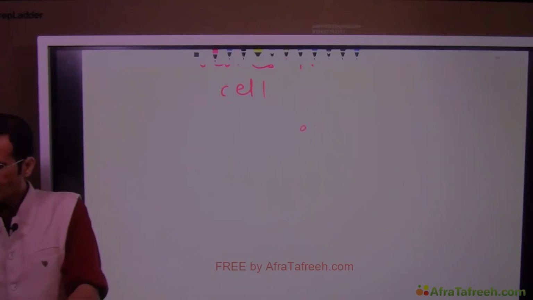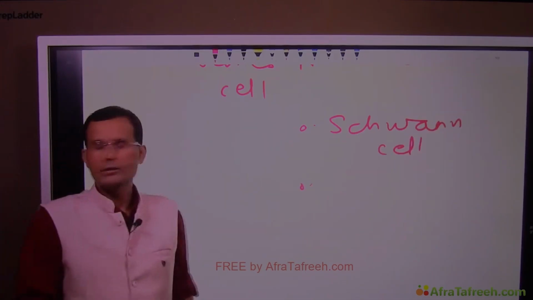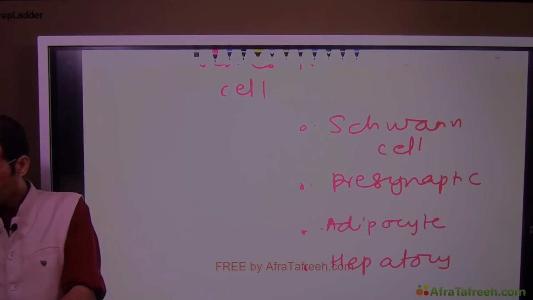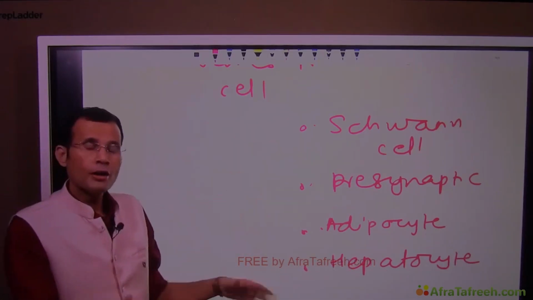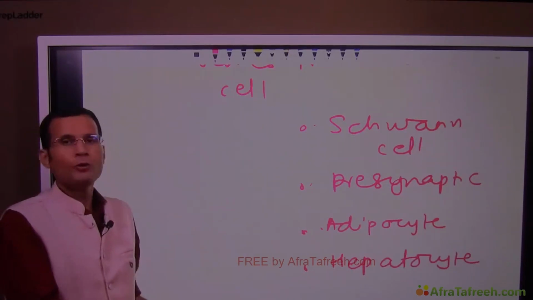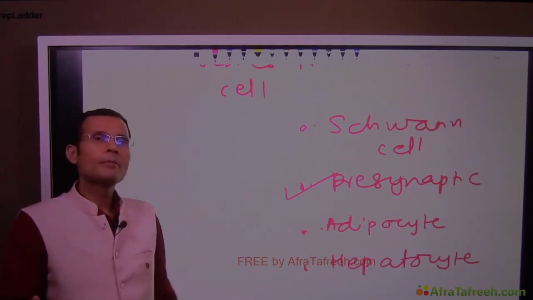And the options given were Schwann cell membrane, then presynaptic membrane, adipocyte membrane, or hepatocyte membrane. These were the options given, and highest protein concentration or highest protein to lipid ratio is found in which of the following membranes? Well, the answer was presynaptic membrane, and I'll tell you why.